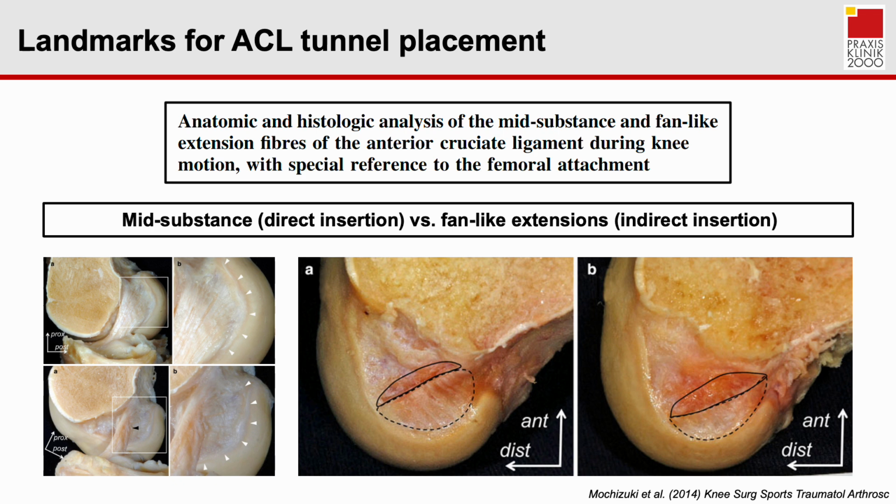During knee flexion, a fold in the ACL femoral attachment was observed at the border between the mid-substance and the fan-like extension fibers. The attachment of the mid-substance fibers was significantly smaller than the attachment of the fan-like extension fibers. Here you can see the footprint of the so-called direct fibers and the footprint of the fan-like extensions or indirect fibers.